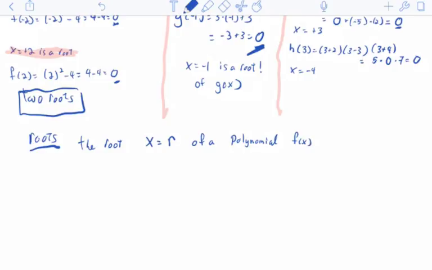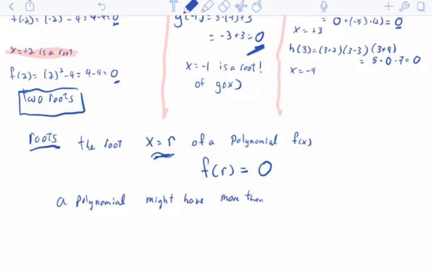Its root is any value of x such that if I plug that into the polynomial, you get 0. A polynomial might have more than one root, or it might have none at all.